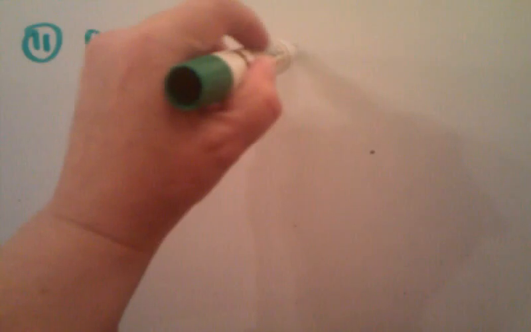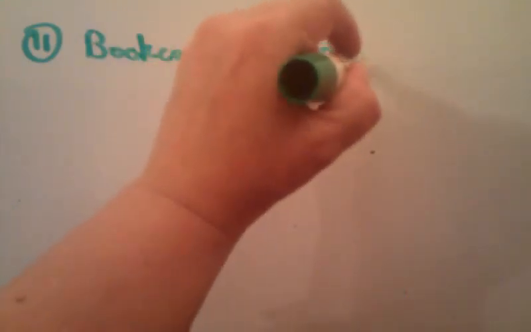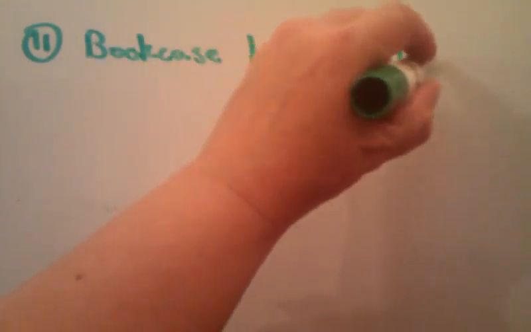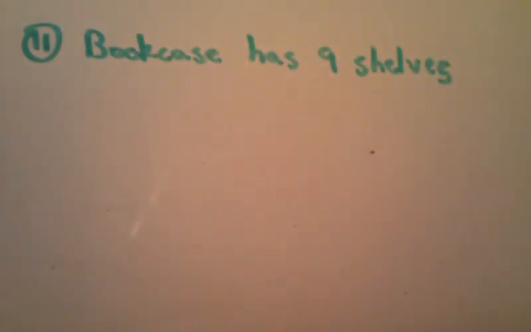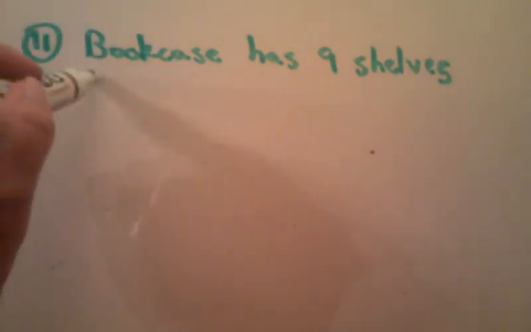Write a number in the blank to make the statement true. The bookcase has 9 shelves. And it says each shelf had exactly 23 books on it.